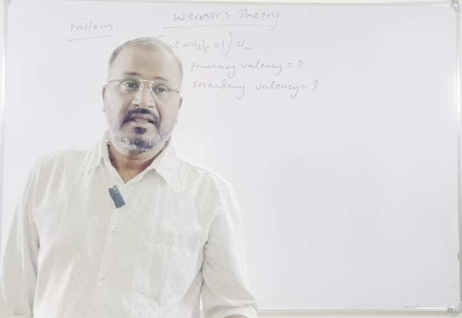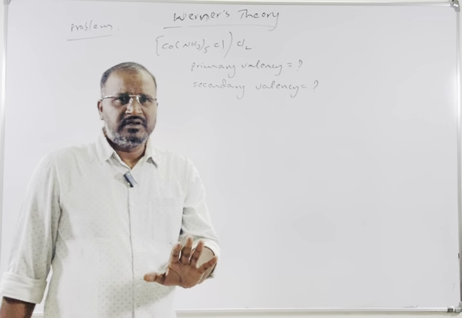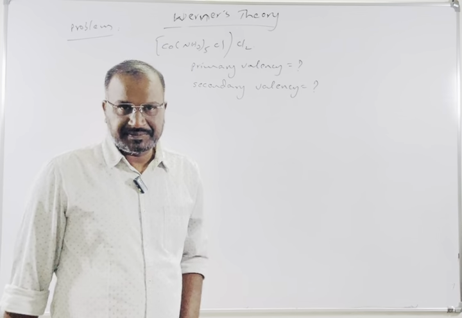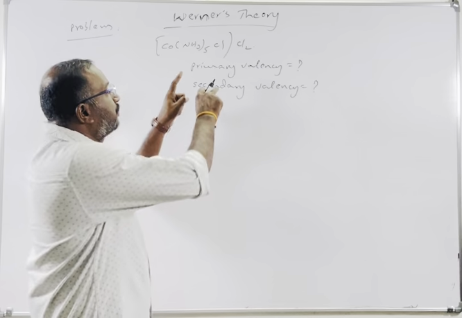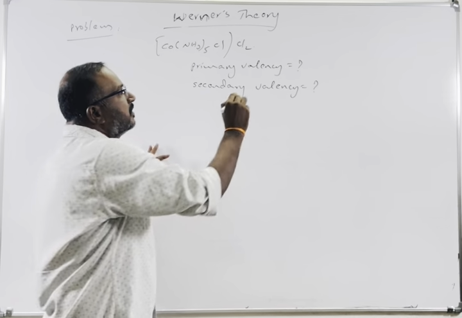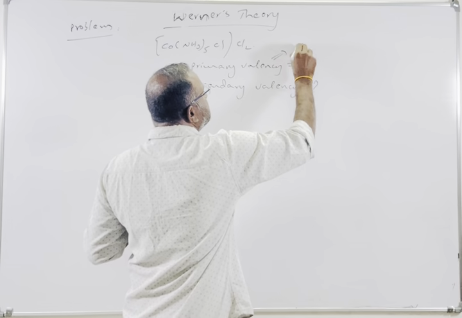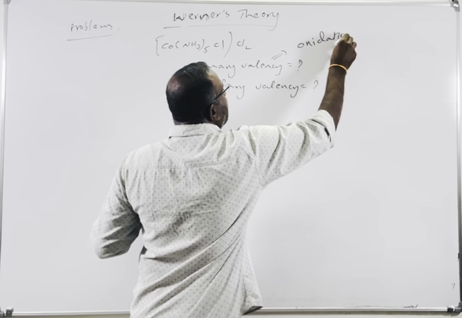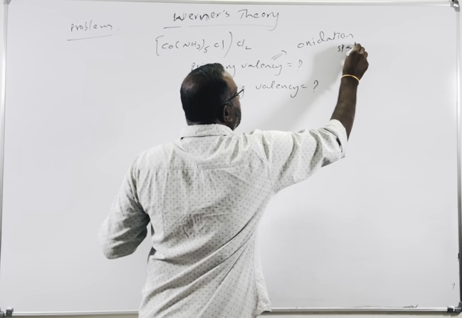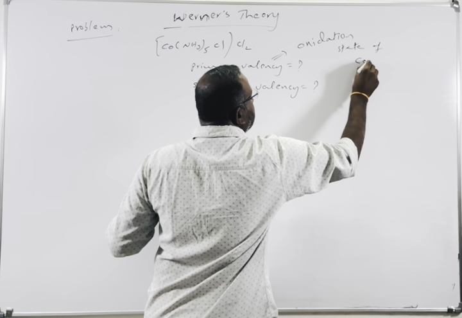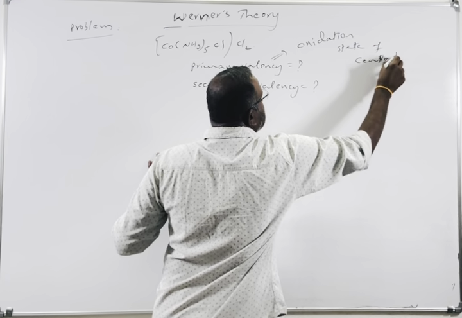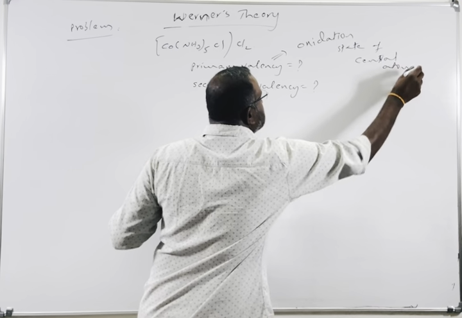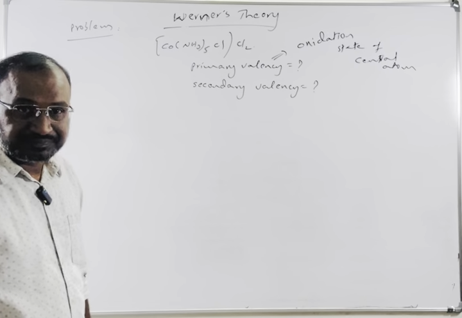First thing, be very careful. First you have to know the concept. Once again I'm saying, in this complex, what does primary valency mean? Primary valency is nothing but the oxidation state of the central atom.